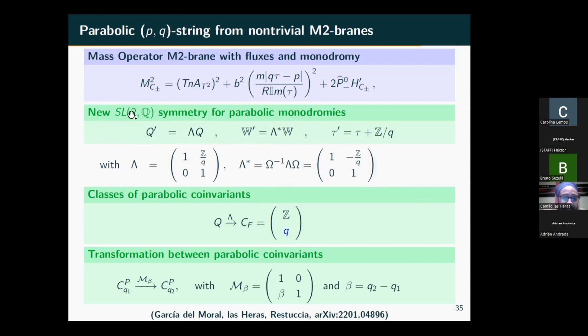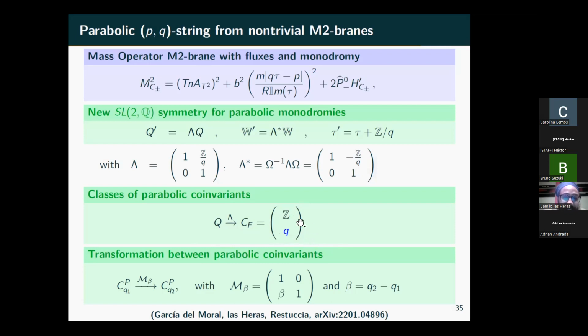The particularity that this new transformation has is that it can be checked that it maps an arbitrary charge on the coinvariant of the charge, which for the parabolic monodromy is only characterized by an integer q, this q that we have here.